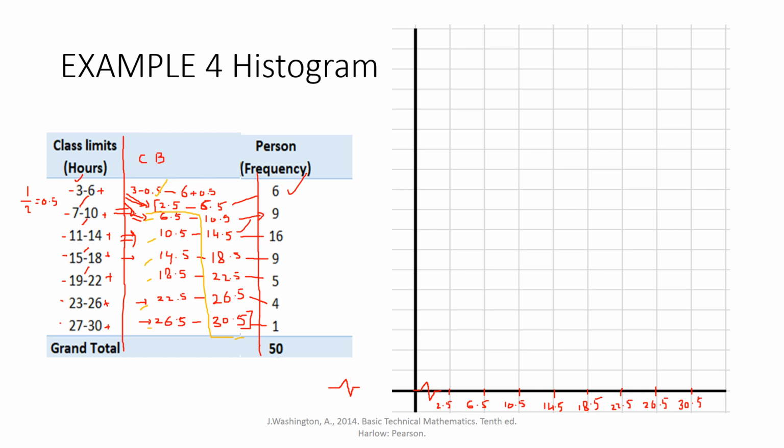So if we see, this is our first class, second, 4, 5, 6, 7, 8. Look, we have 1, 2, 3, 4, 5, 6, 7, 8. Okay, now what is the frequency of the first class?